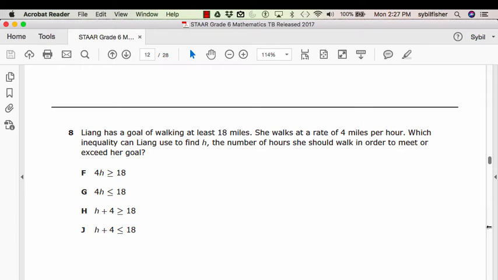F, 4h is greater than or equal to 18. G, 4h is less than or equal to 18. H, h plus 4 is greater than or equal to 18. J, h plus 4 is less than or equal to 18.